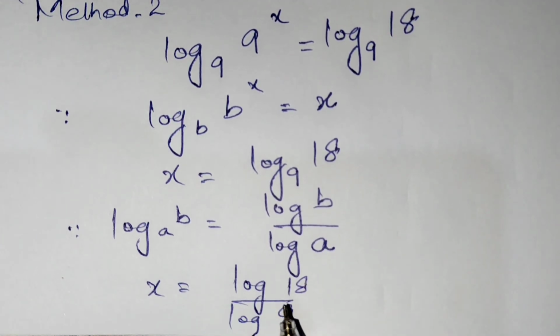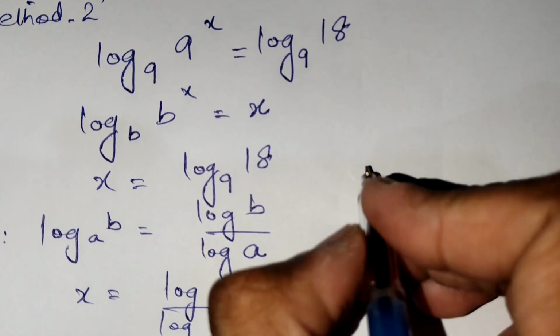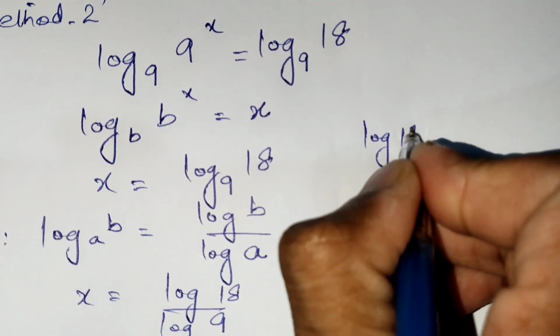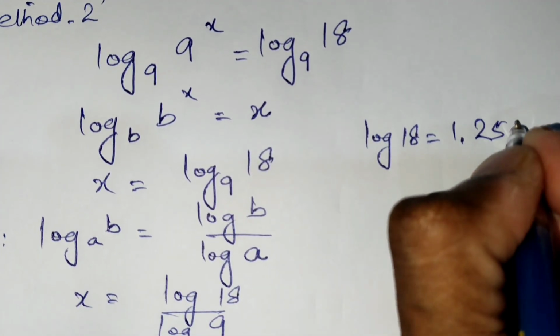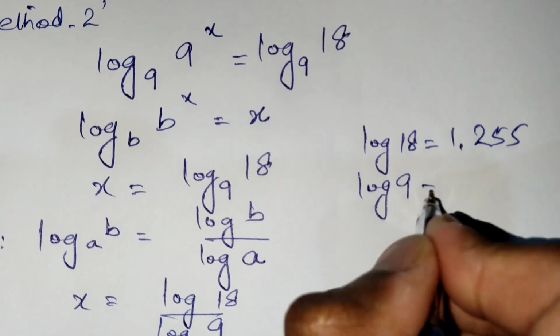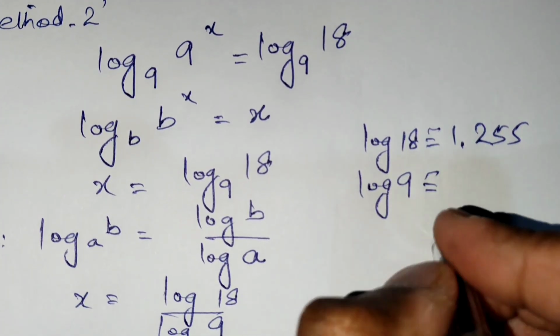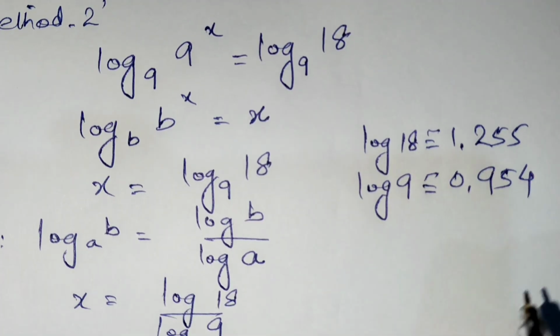Now again we have to use a calculator to find the value of log of 18 and log of 9. Log of 18 by using calculator is equal to 1.255 and log of 9 is approximately equal to 0.954.